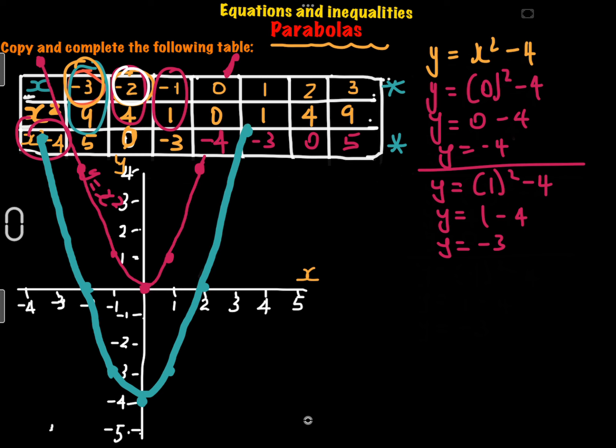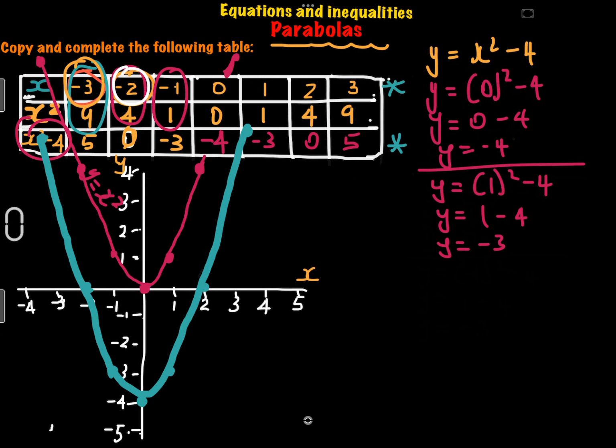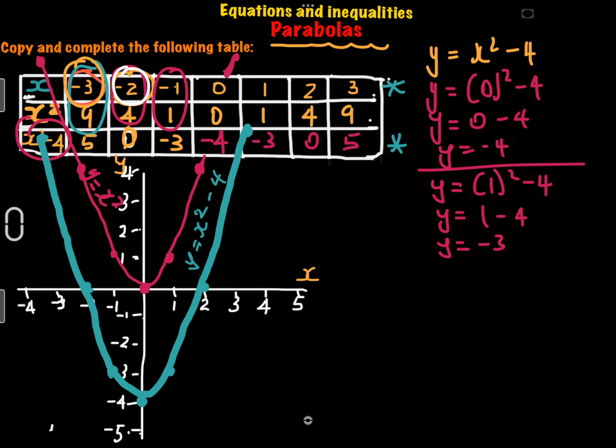Like this. And this line represents y is equals to x squared minus 4.